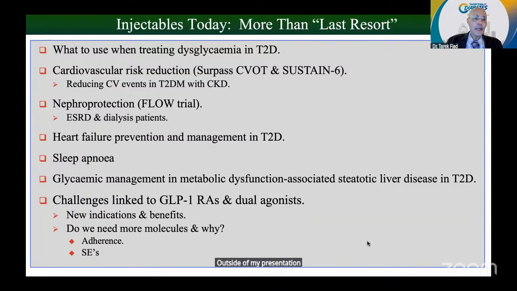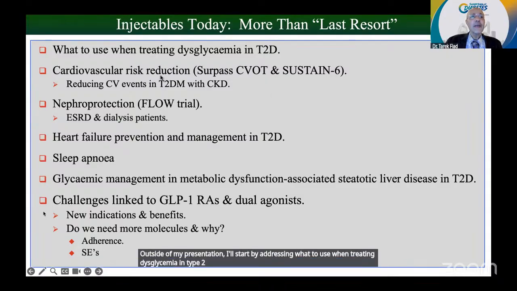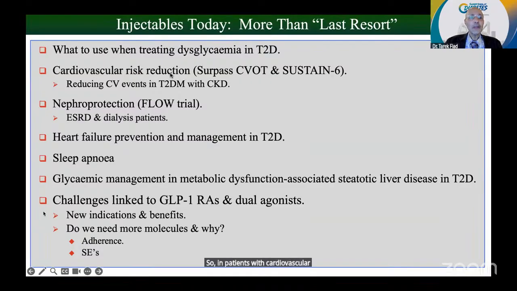I'll start by addressing what to use when treating dysglycemia in type 2 diabetes. And then I'll go through the scenarios where we should give the therapy regardless and no matter what. So in patients with cardiovascular disease, no matter what, yes. Reducing the risk of cardiovascular disease in the setting of kidney disease, yes.